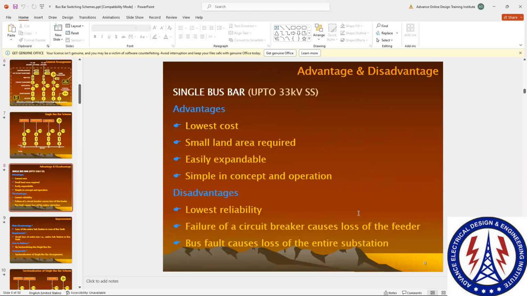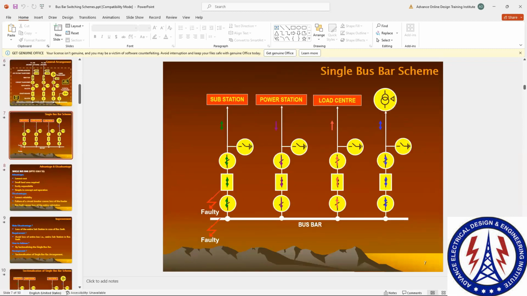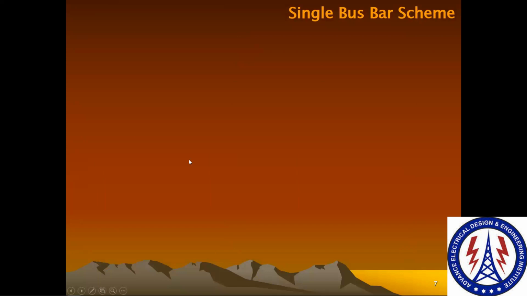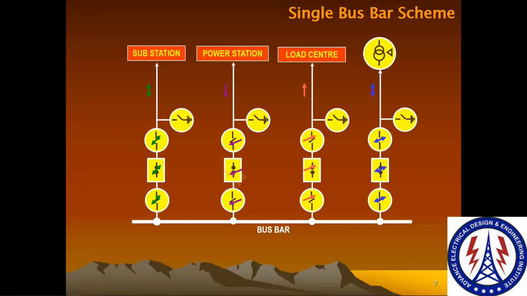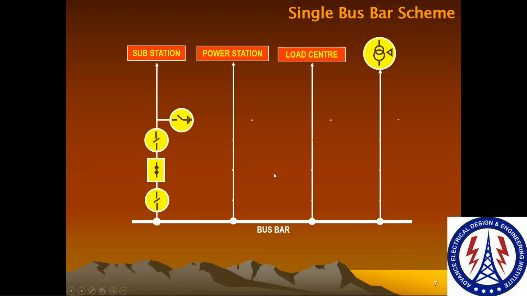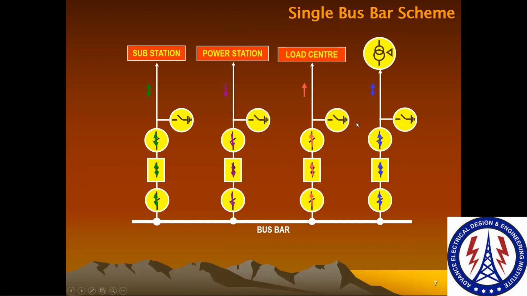Then we have the single bus bar scheme. In this single bus bar scheme, all the feeders will be the same like this. Now consider that our complete system is in a healthy condition. Now suppose a fault happens in this feeder. Your circuit breaker will trip and this feeder's supply will be interrupted, but the rest of the feeders are in healthy condition.